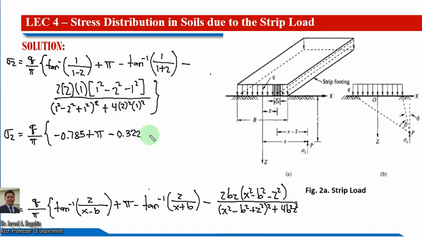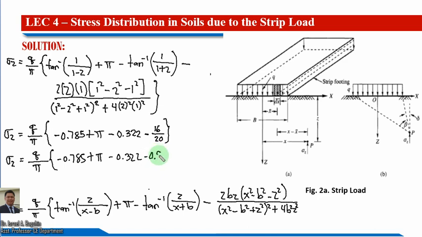So this is just equal to minus 16 over 20, or simplifying, we have the vertical stress sigma z equal to q over pi times minus 0.785 plus pi minus 0.322 minus 0.8.